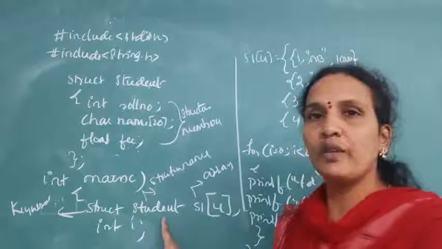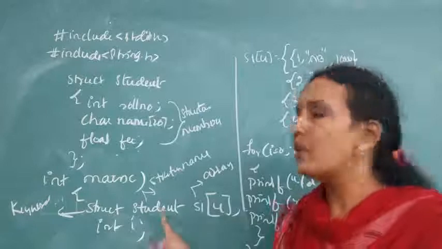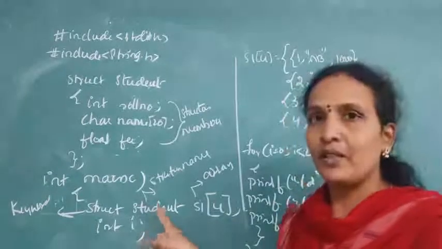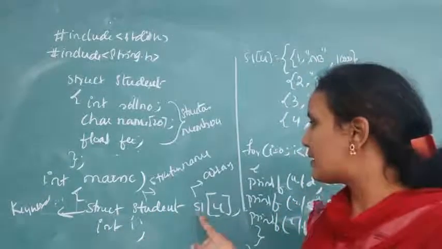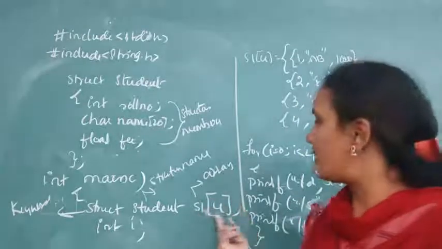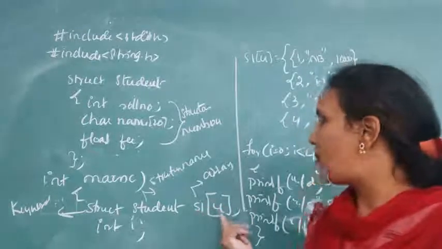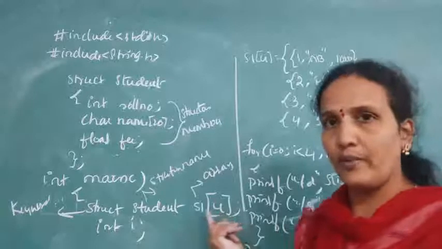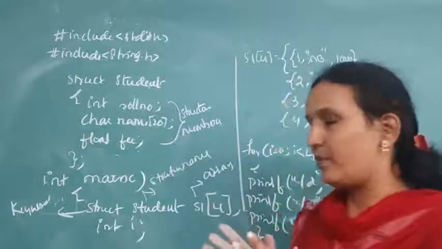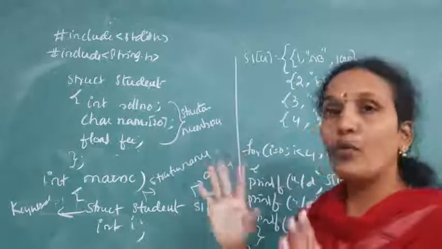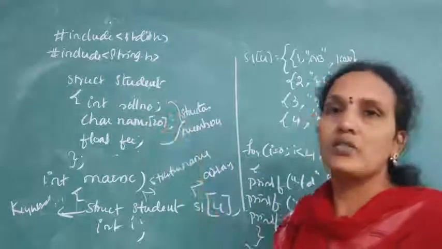Here I have given student, whatever structure you created, you give that structure name. And this is an array. So here array name is S1. How many elements are there in the array? 4 elements. Means 4 variables are using this structure.